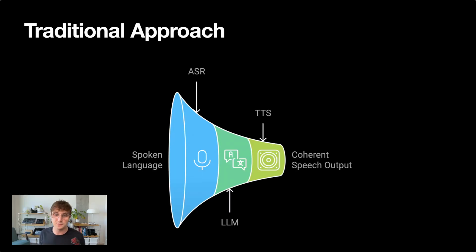So this traditional approach uses really this three-step pipeline of automatic speech recognition to natural language understanding to text to speech. And a number of people have built pipelines that take the automatic speech recognition and the text to speech, but instead of having these traditional machine learning approaches in the middle, they're using LLMs so that the conversation becomes more natural.